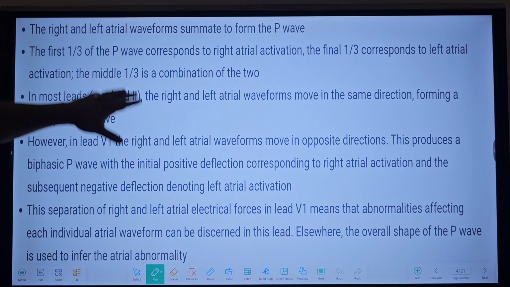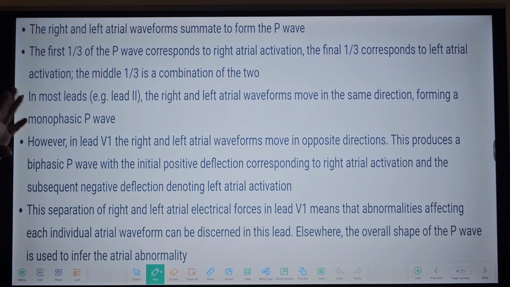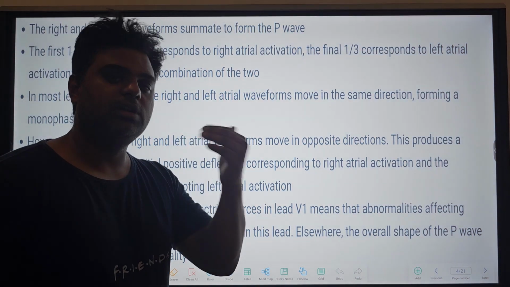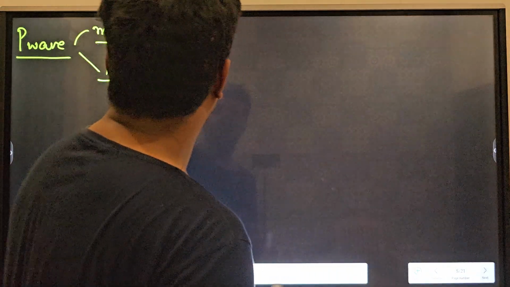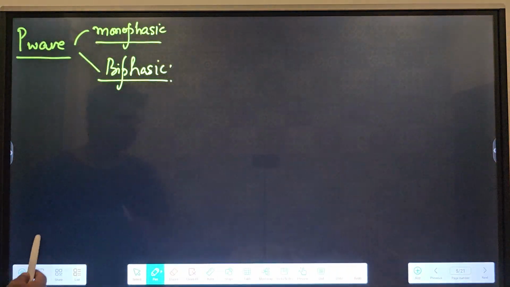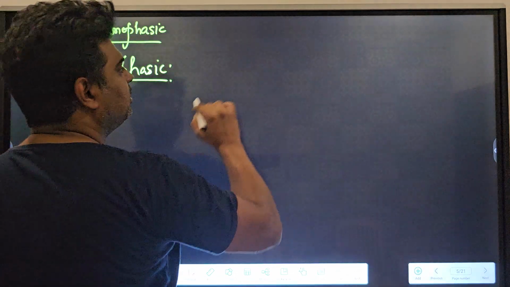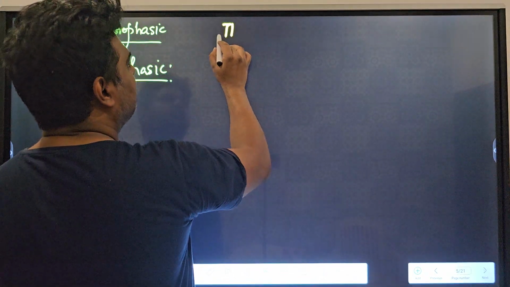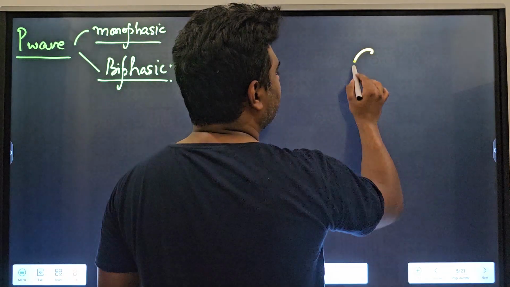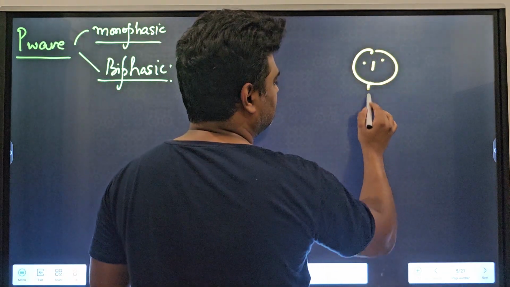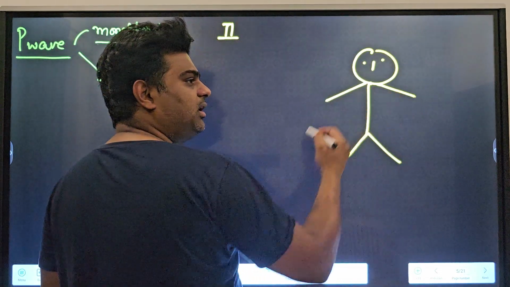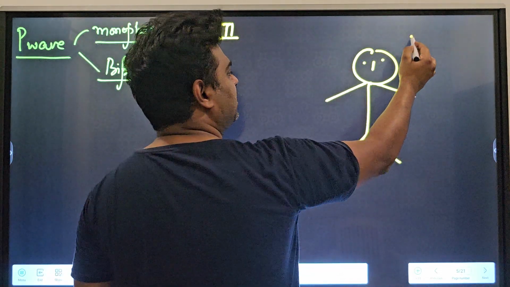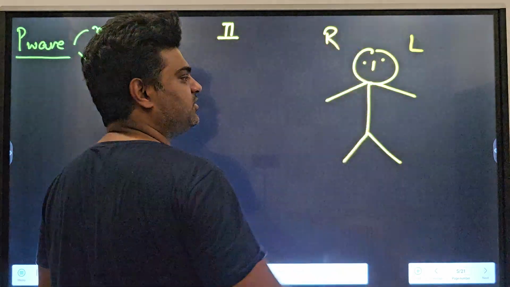Now, these are some things which are written about the P wave, but before understanding them, we'll understand what is biphasic or monophasic. If we talk of leads, first we'll talk of lead 2. Now, I'm drawing this person. These are the two upper limbs, these are the two lower limbs. This is the left side and this is the right side of the person.